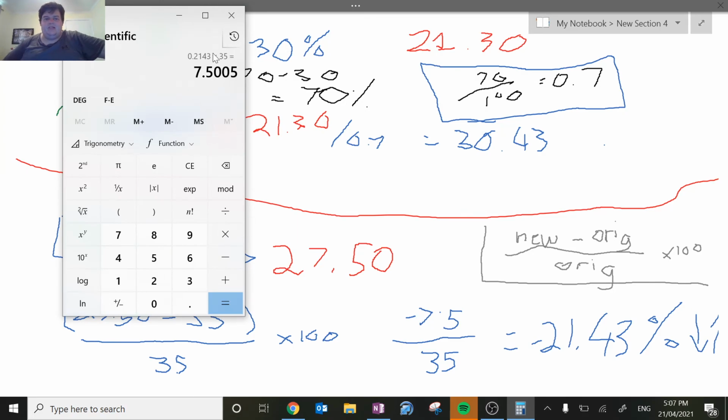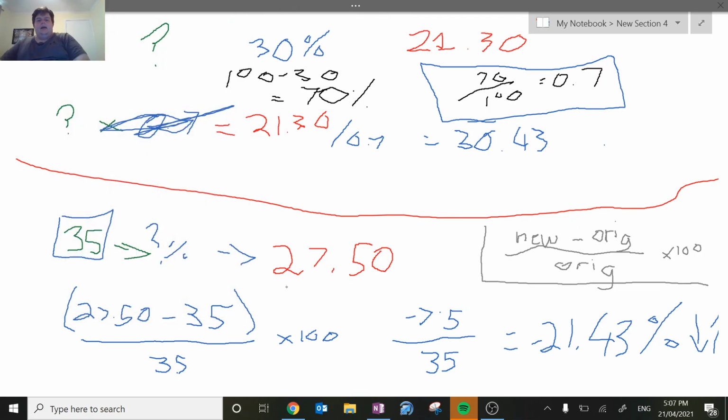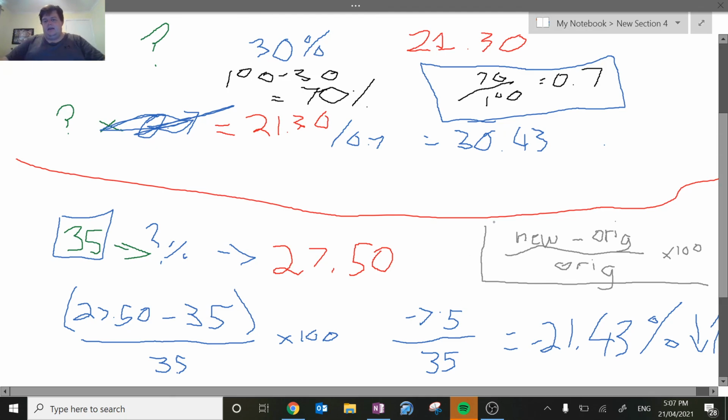That's slightly over, but that's because it's rounded. And if we were to subtract 7.5 from 35, we get 27.50, just like we had before. All right. So yeah, you can see how that works.